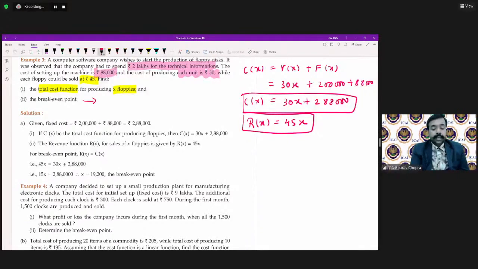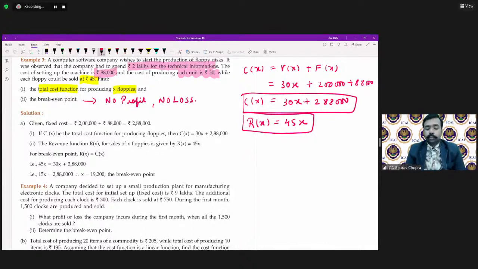Break-even point means when there is no profit and no loss. That point is known as the break-even point. No profit, no loss.